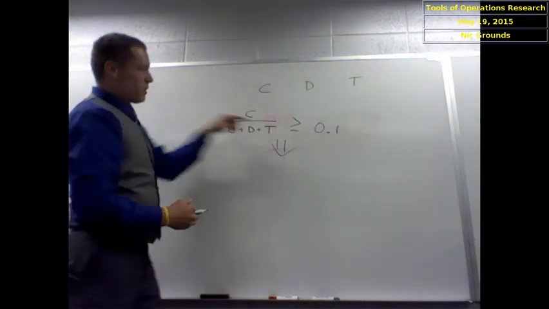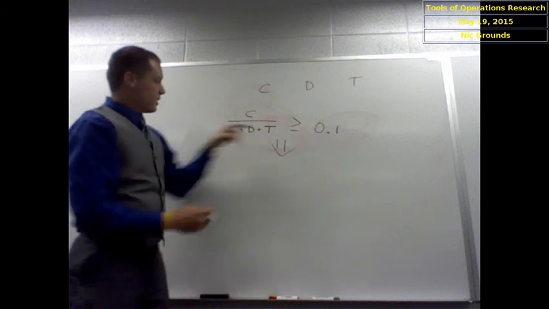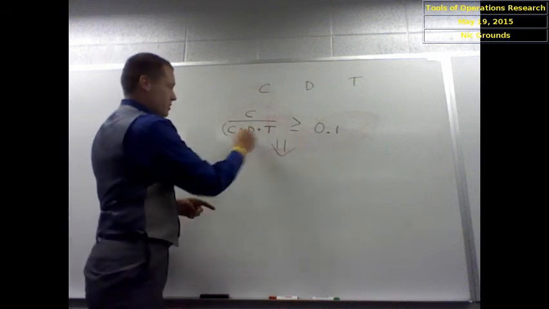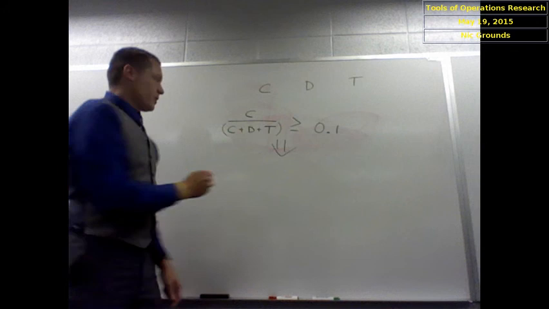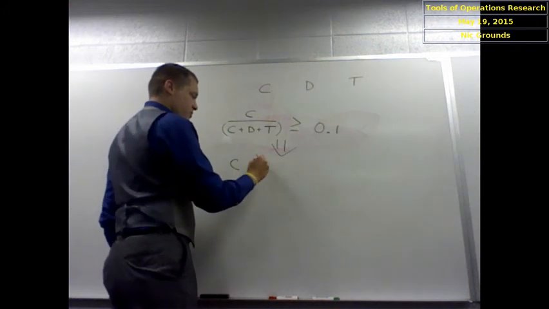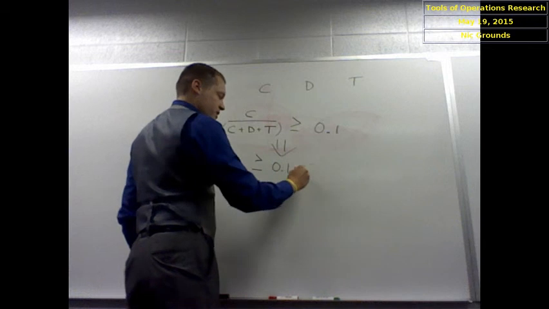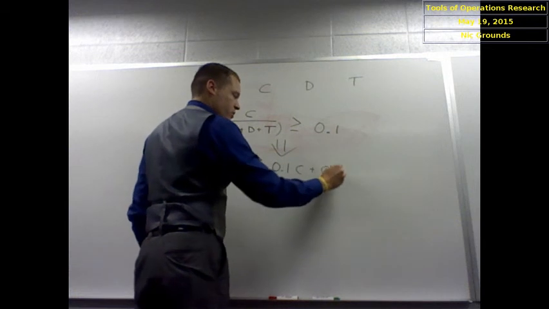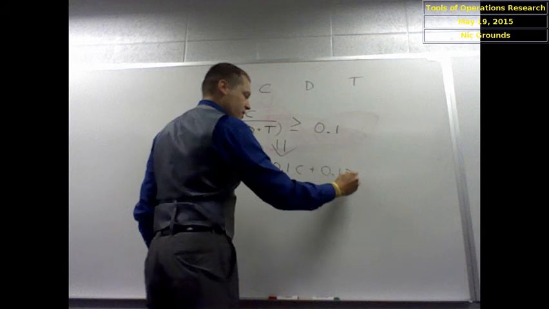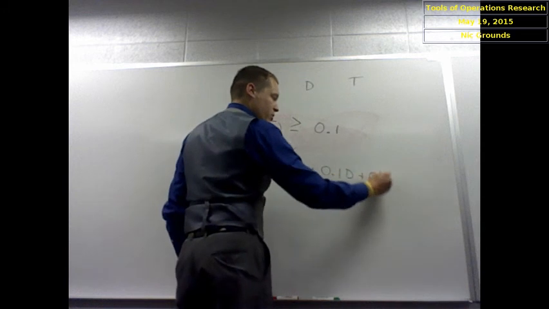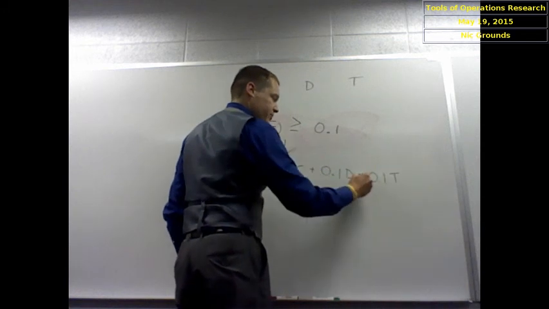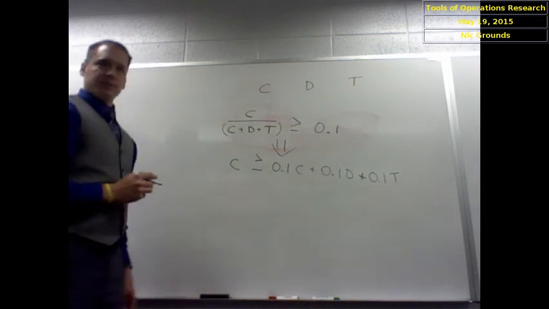If we multiplied both sides of this inequality by the denominator, it would transform into C must be greater than or equal to 0.1C plus 0.1D plus 0.1T.